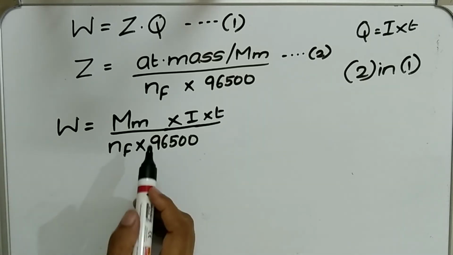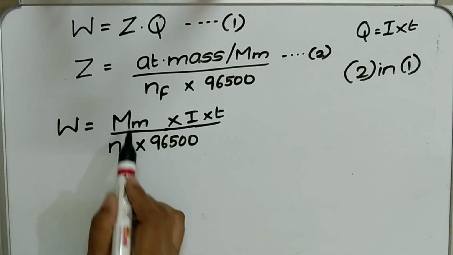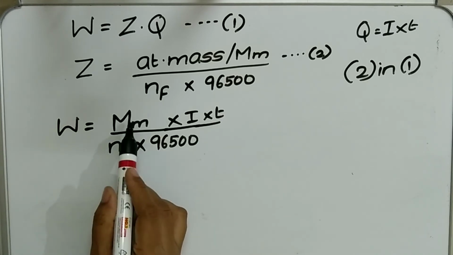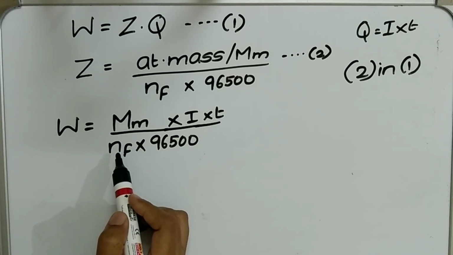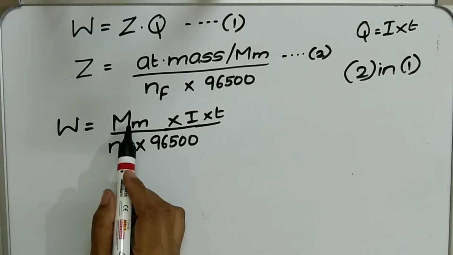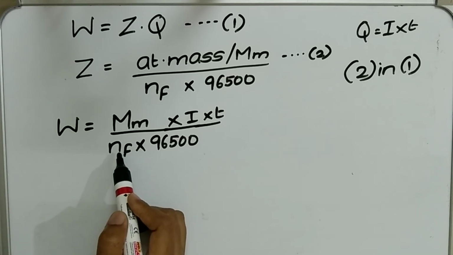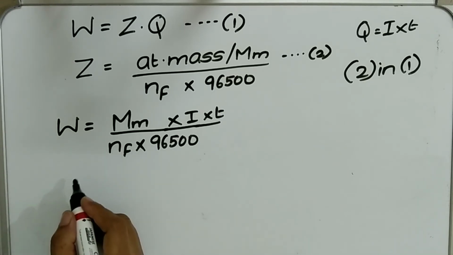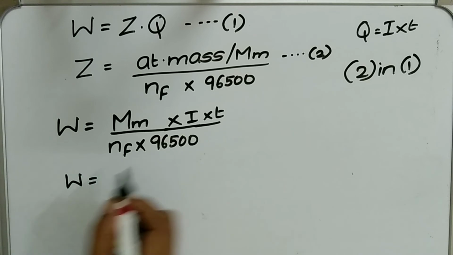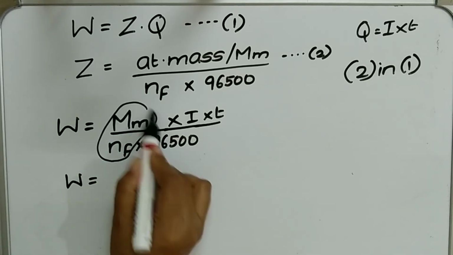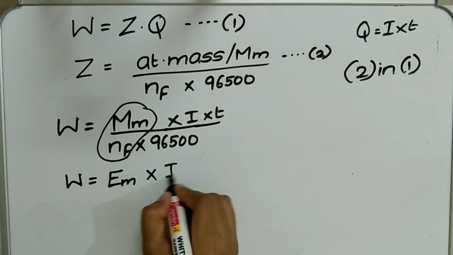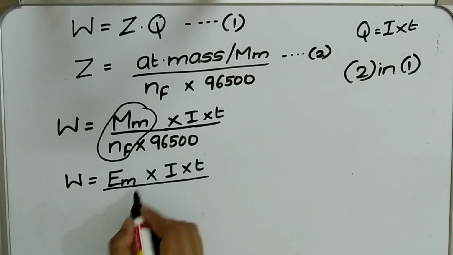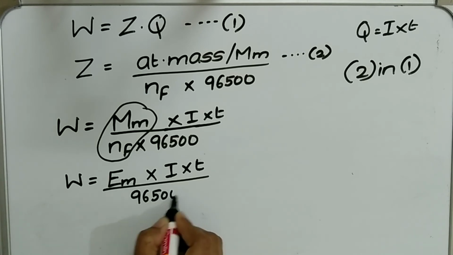Now, from here, what is MM upon n factor? That is molar mass upon n factor. We have studied in solutions chapter. MM upon n factor, it is equivalent mass. So directly I will write, instead of this MM upon Nf, I will write it as equivalent mass into I into T upon 96,500.